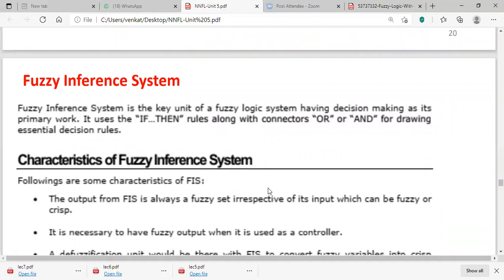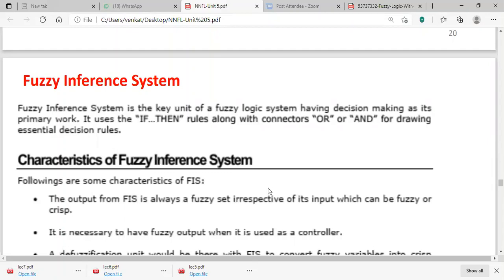So we have learned fuzzification, converting crisp values to fuzzy values or fuzzy set. Okay. Next one, FIS, fuzzy inference system, which is the basic unit for your fuzzy logic system, which makes decisions as its primary work.